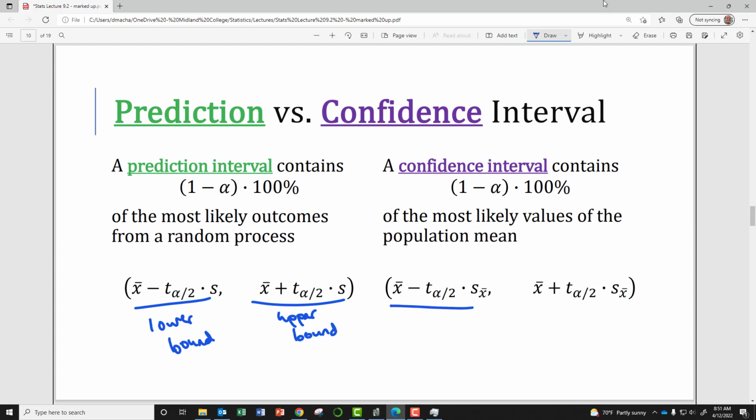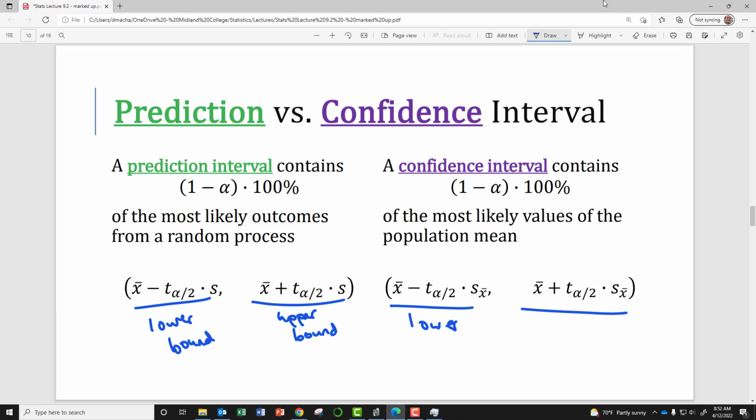And the confidence interval is talking about something different. The confidence interval is going to contain 1 minus alpha times 100%, whatever percent that is, maybe 95%, right? Of the most likely values of the population mean. And so again, we have a lower and an upper bound formula, which is centered around our sample mean.